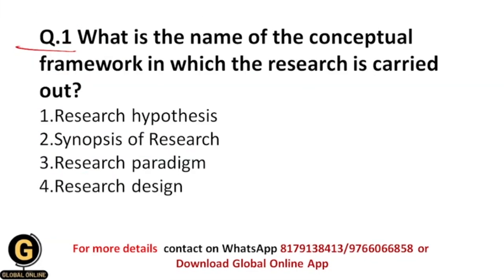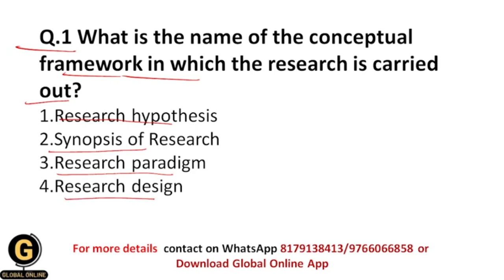Next: the conceptual framework in which the research is carried out. What is the name of that conceptual framework through which the research is carried out? Whether it is research hypothesis, synopsis of research, research paradigm, or research design.